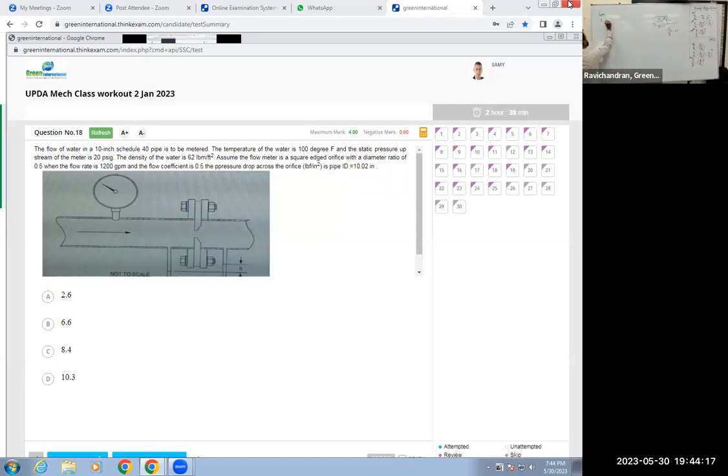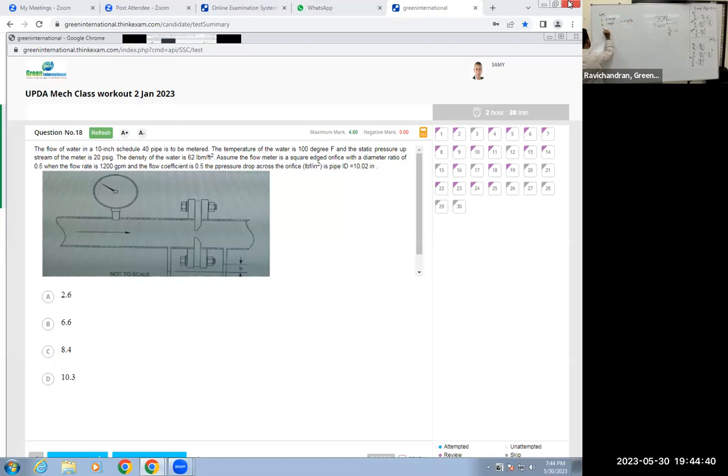Density is equal to 62 lbm per cubic feet. Flow rate Q is equal to 1200 GPM, and converting to cubic feet, 2.6736 cubic feet per second.